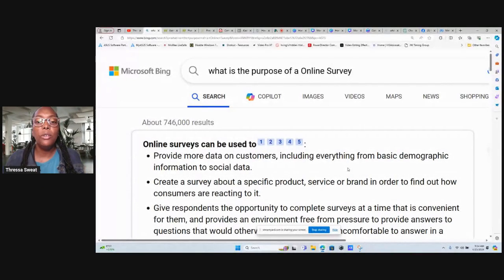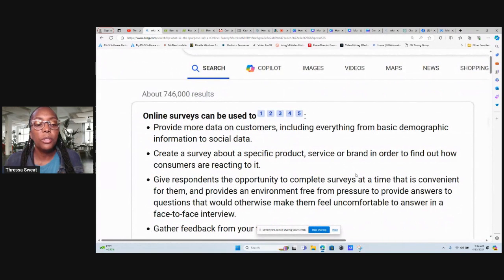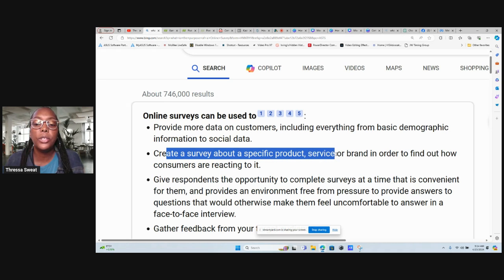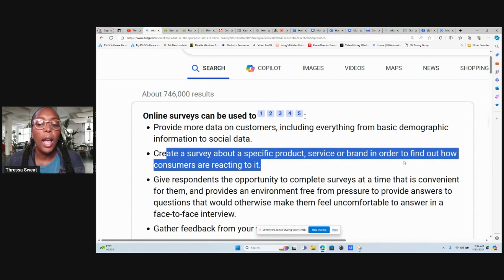Okay, so let me know what you desire for this. But the first thing is, when you do online surveys, what is the purpose of an online survey? Basically, as you can see on the screen, online surveys can be used to provide deeper data on customers, including everything from basic demographic information to social data. It can also create a survey about a specific product, service, or brand in order to find out how consumers are reacting to it.